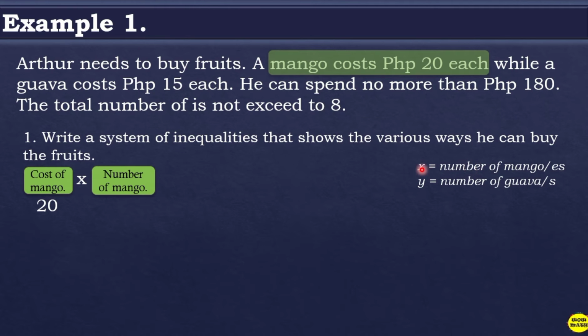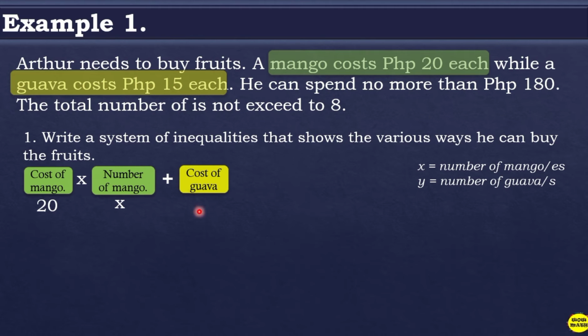Yung number of mangoes, X. We will use variable X. Now, i-add natin siya doon sa cost naman ng guava. Ang guava natin, that is 15 times kung ilan ng guava natin. Anong representation natin? Y. And then, we have here no more than.